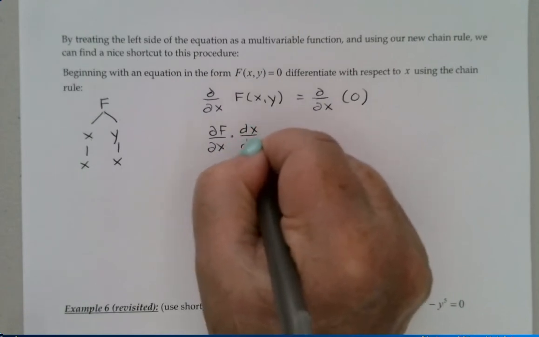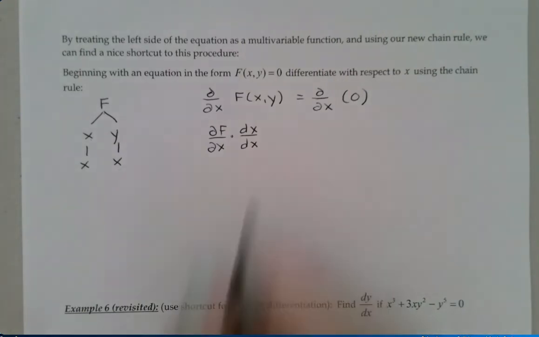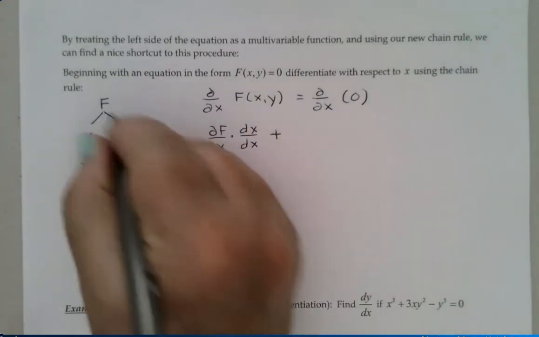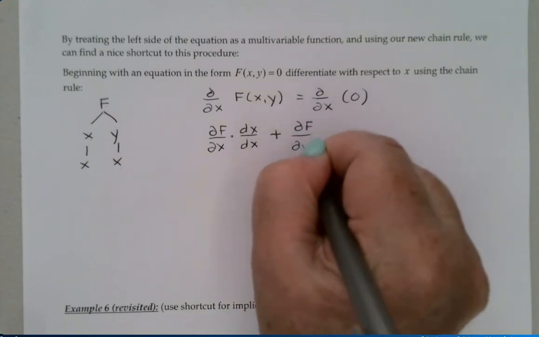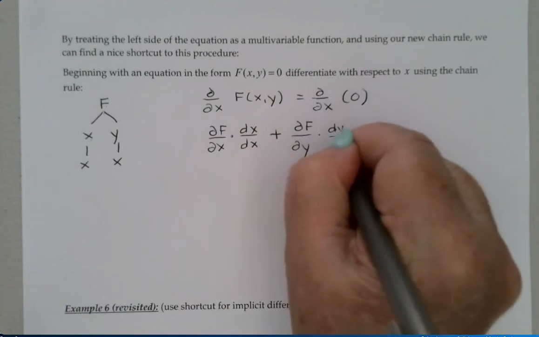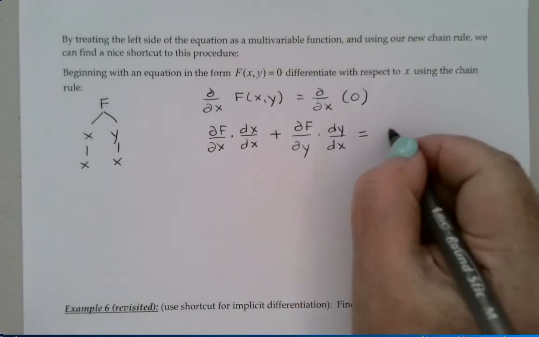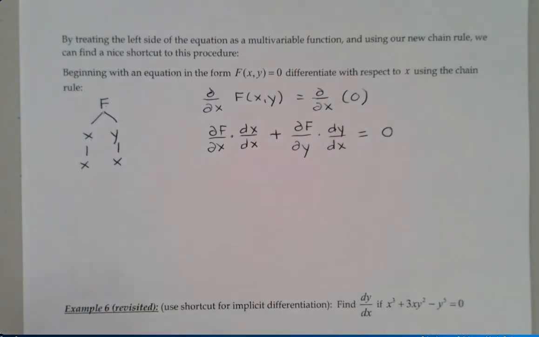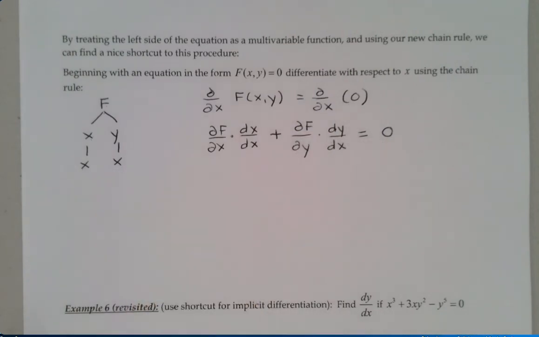Of course, the derivative of x with respect to x is just 1, so that'll be easy in the next step. Plus partial of f with respect to y times dy dx. And that is equal to the derivative of 0, which is still 0. You really want that 0 over there, which is why I say it's nice to start with 0 or at least a constant on that side, because I really want that derivative to turn out to be 0.